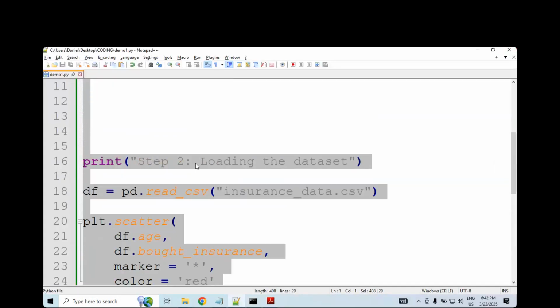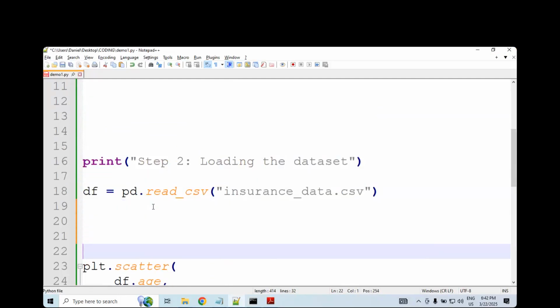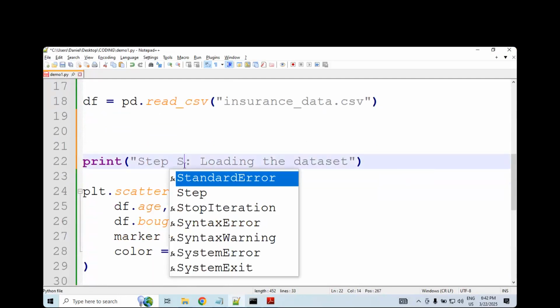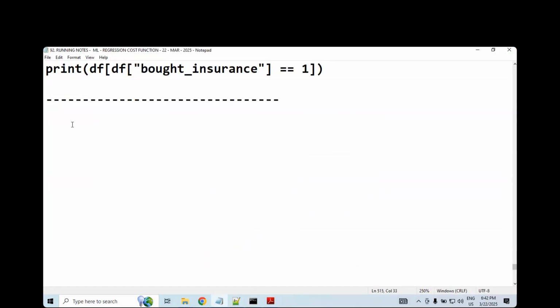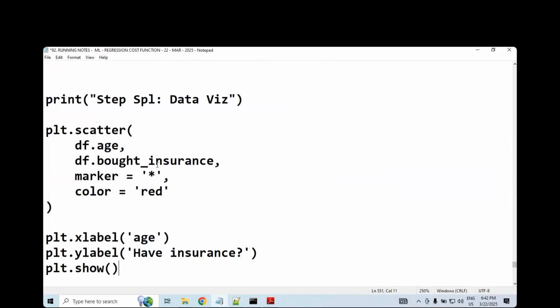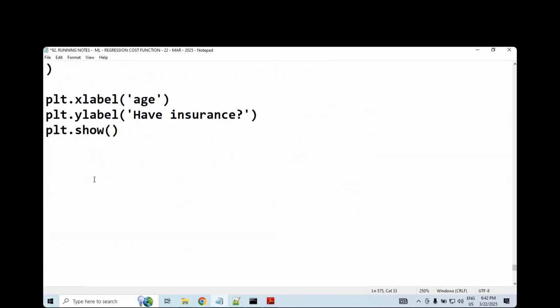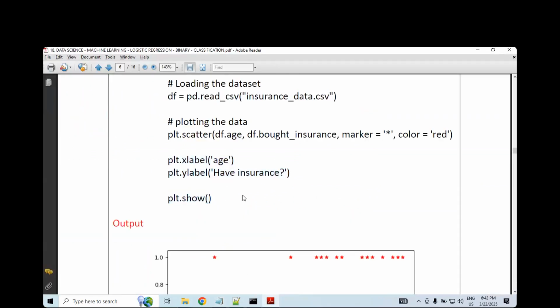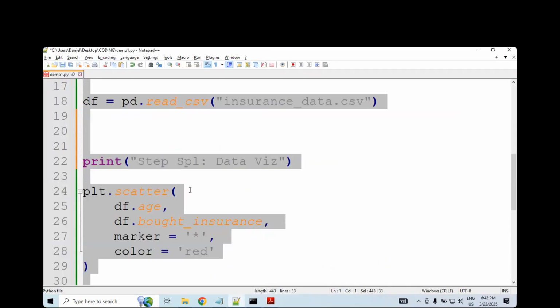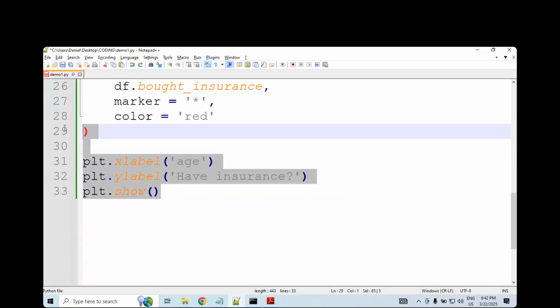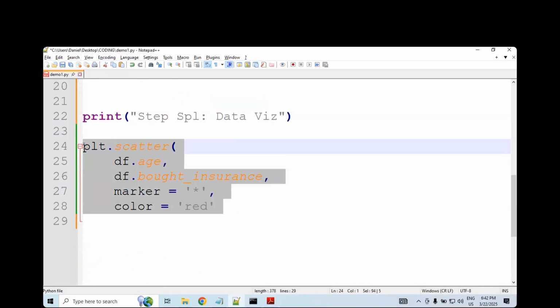Special step actually. Go to the next one. Splitting the data. What is the next one? What is the third step? Any idea? Did you remember? Thank you, boss. Let's do that one also.